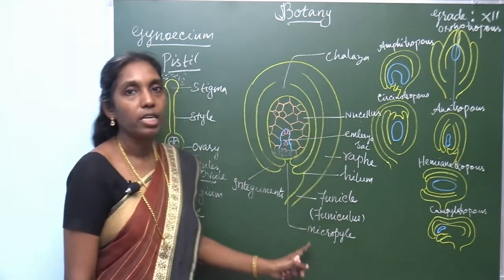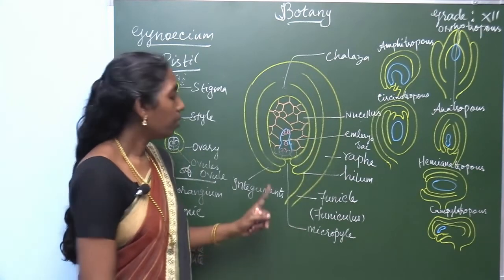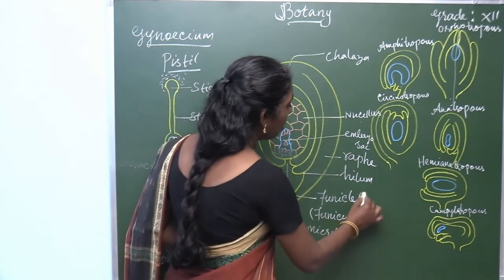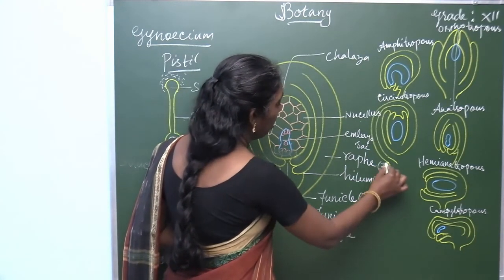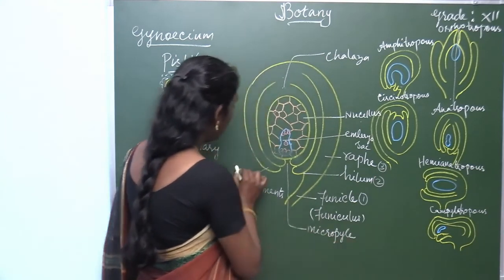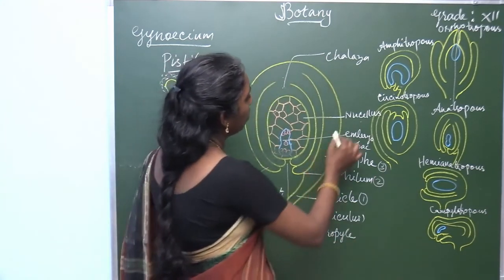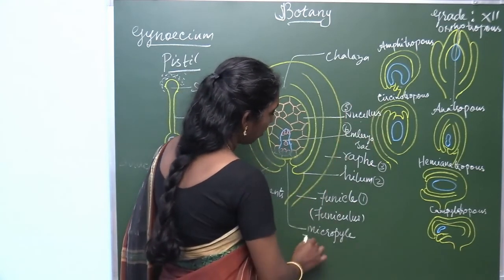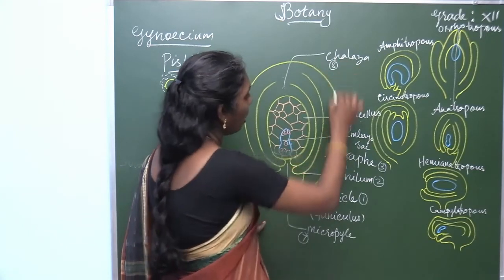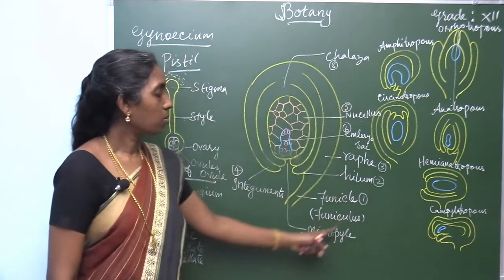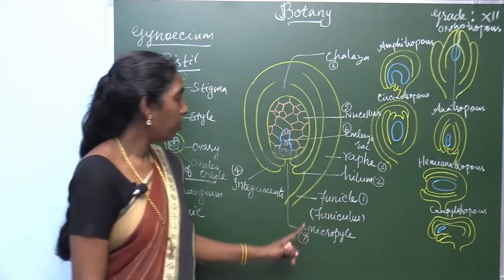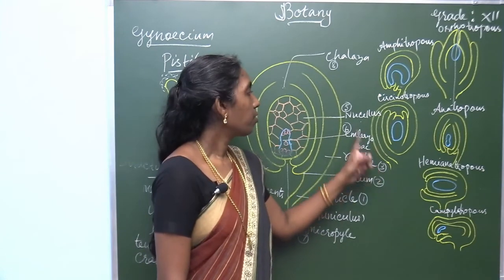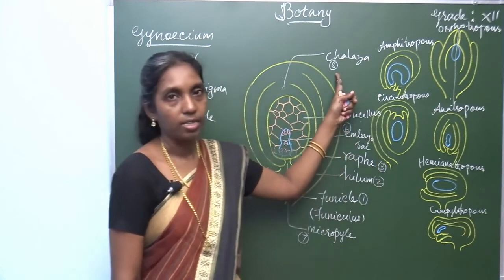Learn each and every part as a 2-mark question: funicle, hilum, raphe, integuments, nucellus, embryo sac, micropyle, chalasa. Learn one by one: what is funicle, micropyle, integuments, hilum, raphe, embryo sac, nucellus and chalasa.